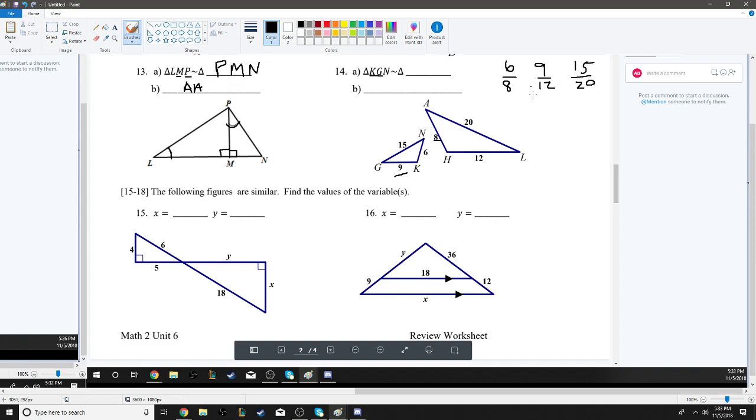And all of these reduce to 3/4. So since these sides are all proportional, this is S, S, S. Okay. N matches up with A, so A is at the end. G matches up with L, so L is here. And then K and H.